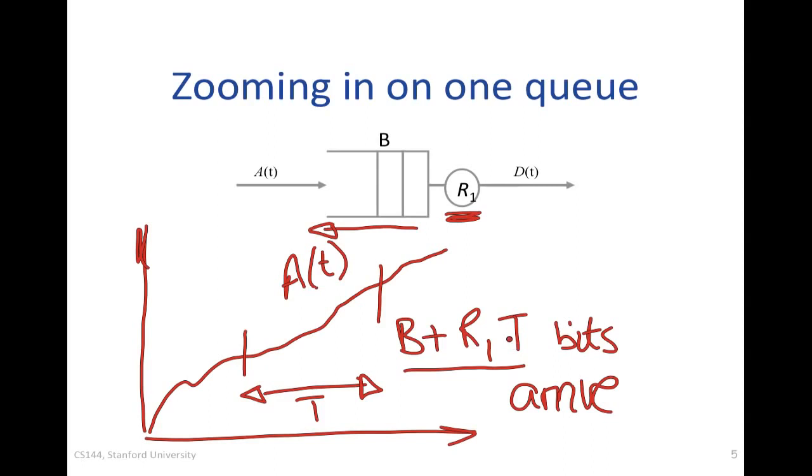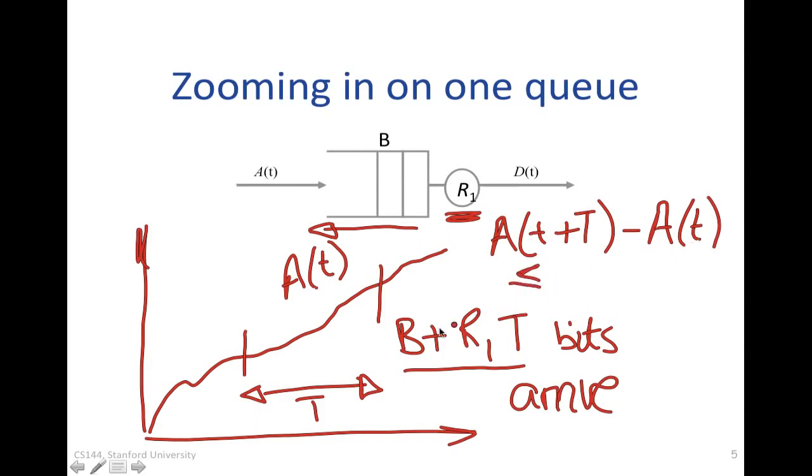So in other words, A of t plus capital T, minus the cumulative arrivals at time little t, is less than or equal to this expression here, b plus r1 times t.